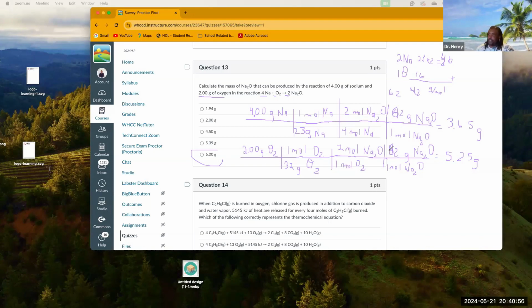Okay, so let's do that math again. 4 times 0.5 times 62 divided by 23 divided by 4. Okay, so this should be still wrong. Hold on. So 23 times 2, 46 plus 16, 62.